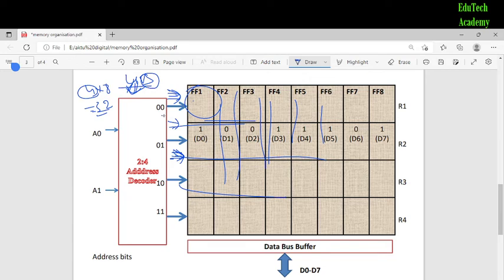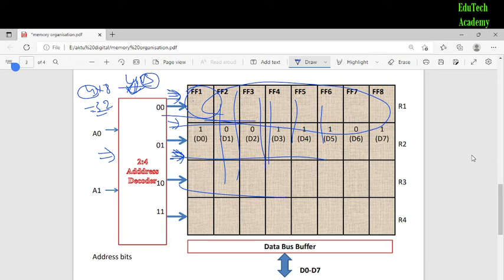At one time only one row will be activated, and that row can be any one, depending on the address generated by the microprocessor. In the next lecture we will discuss how the microprocessor accesses any register and how data is written to or read from that register. Till then, I think you have understood the internal architecture of the memory.